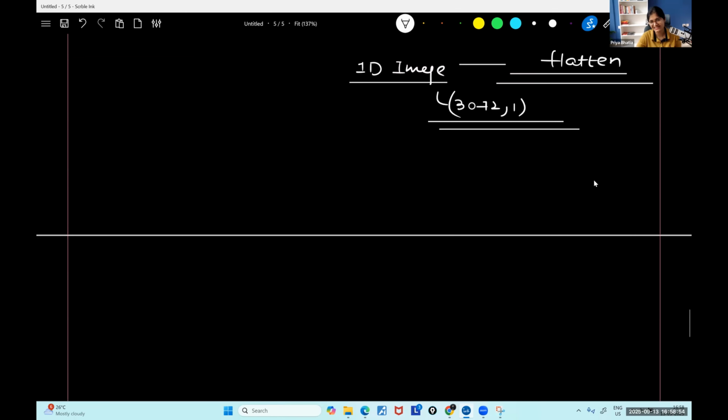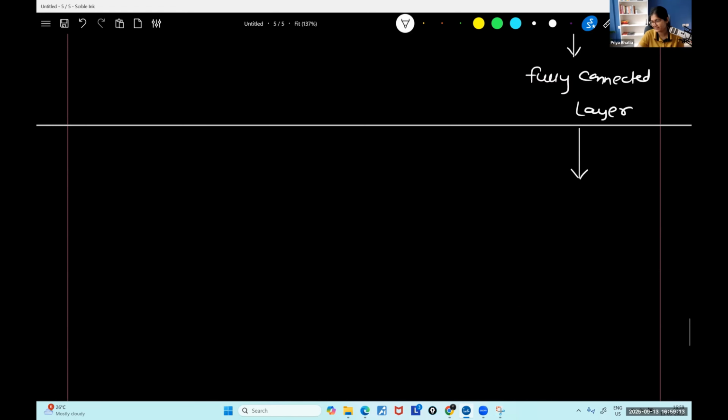Now you will apply this into a neural network. So here you will have a fully connected layer. It might be a dense layer as well. You can create a hidden layer of this. Now, this hidden layer can be one or two, whatever gives the best optimization.